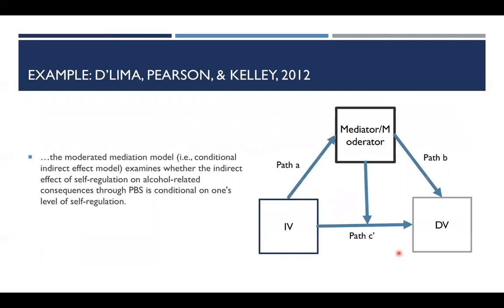All right, so now let's go back to Lima, Pearson, and Kelly. So here's their conditional process where their mediator now becomes a moderator of path C. So they're testing both mediation and moderation with the same variable at the same time. And this is a totally possible model.